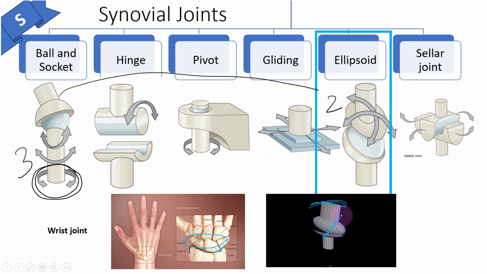Rotatory movement is restricted. This is typically seen in the wrist joint, which allows only flexion, extension, abduction and adduction, but not rotatory movements. Other joints of this type are the metacarpophalangeal and the metatarsophalangeal joints and the atlanto-occipital joint.